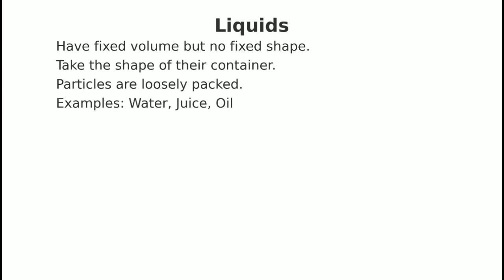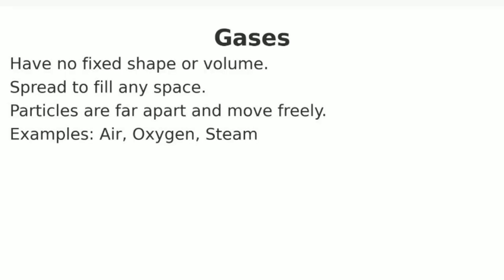If we pour it in a bowl, it will take the shape of the bowl. But the volume of water will always be the same, as liquids have exact definite volume but not fixed shape. For example, juice, oil, etc.